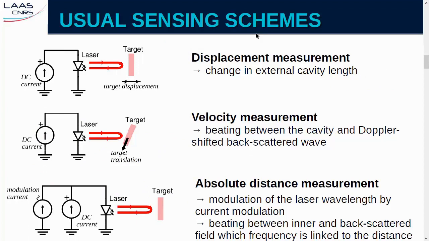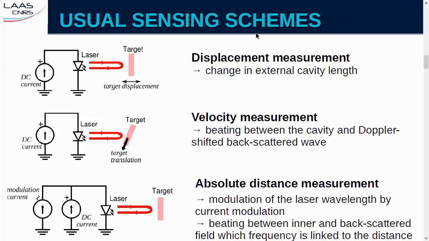These are the three usual sensing schemes that you can use with optical feedback interferometry. The first one is displacement measurement. In this case, there is a change in the external cavity, which is the distance between the laser and the target, and this is monitored by the time of flight.